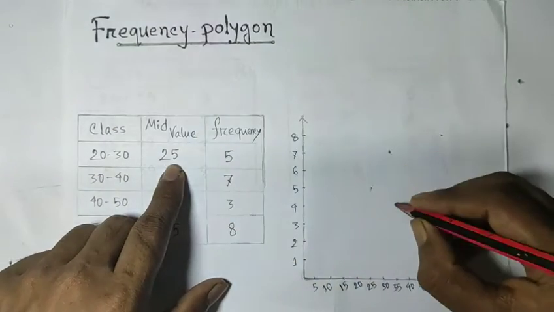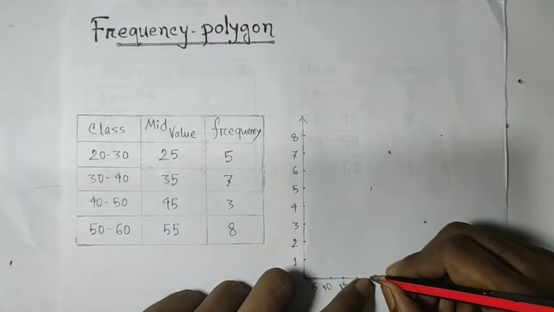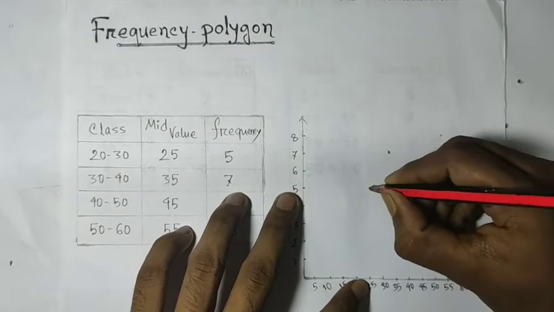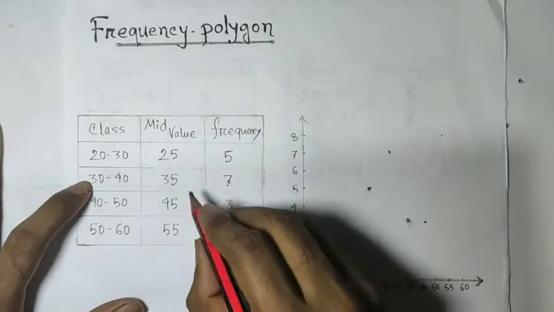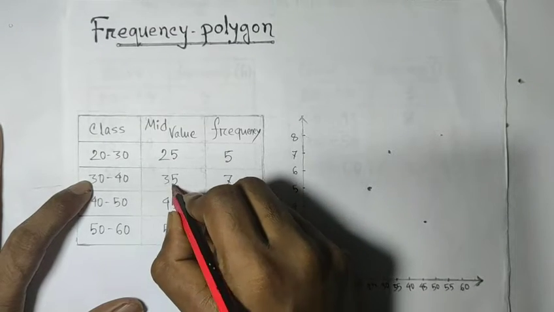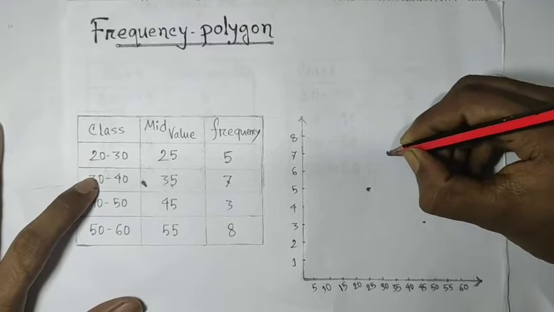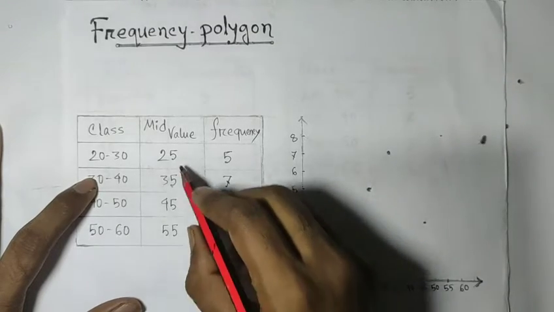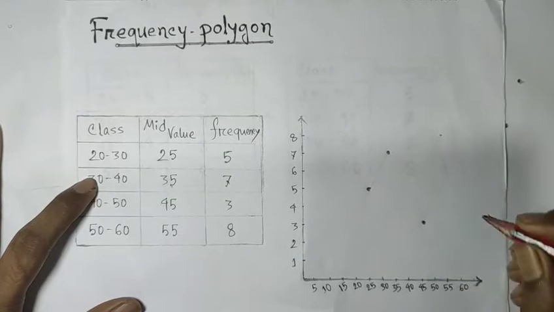If we put the values in the graph, then the mid value 25 is here and the frequency is 5, so the point for 25 with frequency 5 will be here. The frequency 7 corresponds to the mid value 35, so the next point is here. The third mid value is 45 and the frequency is 3, so the point will be here.